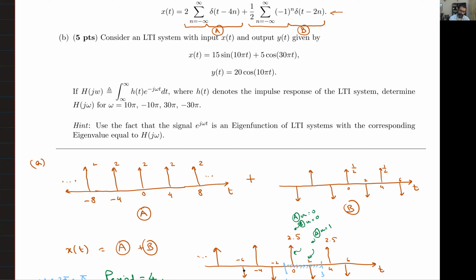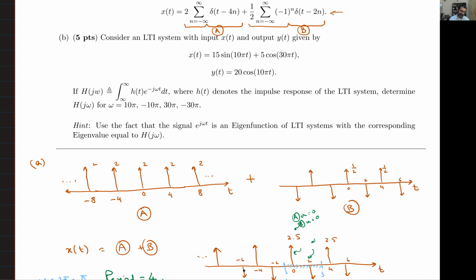So you need to do a bit more visualization of what is happening. This is the n equals 1 term of A and the n equals 2 term of B. Right, but if it doesn't make sense, that's fine. Let me just do it graphically. All right. Hamza, is that clear? Yes sir. Right, so let me delete this.